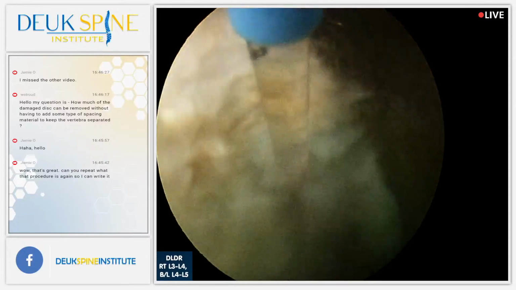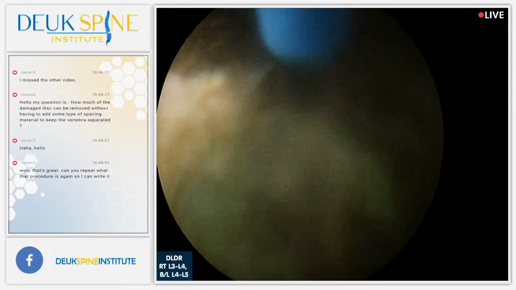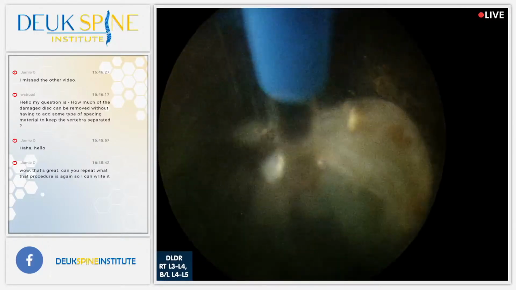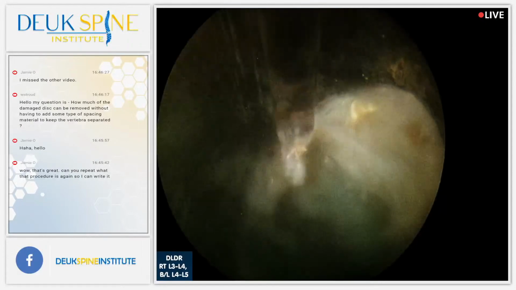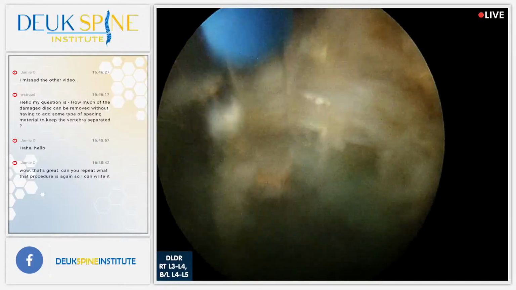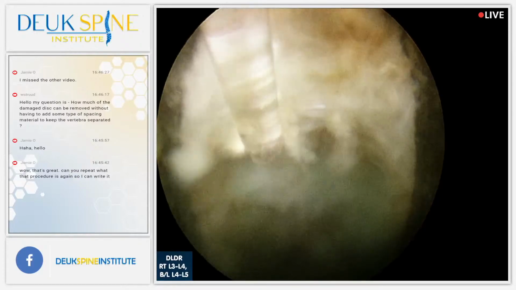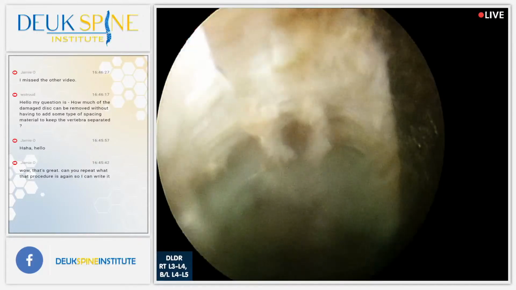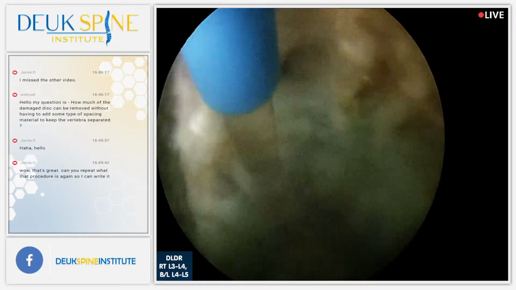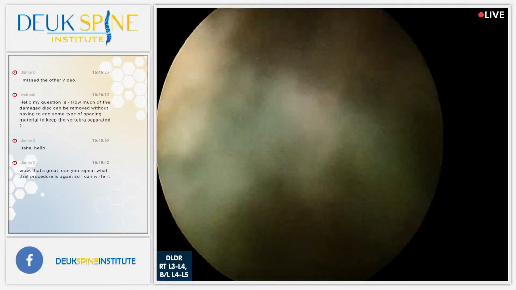So right now this annular tear is trying to heal and close off, but it can't because it's got all this blue stuff in here, the nucleus that's herniated. So we're removing the herniated nucleus and cleaning the annular tear so it'll heal. When we're done, the body will be able to heal this disc on its own. All right?